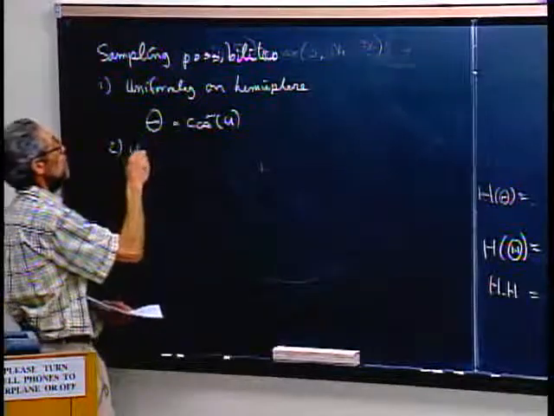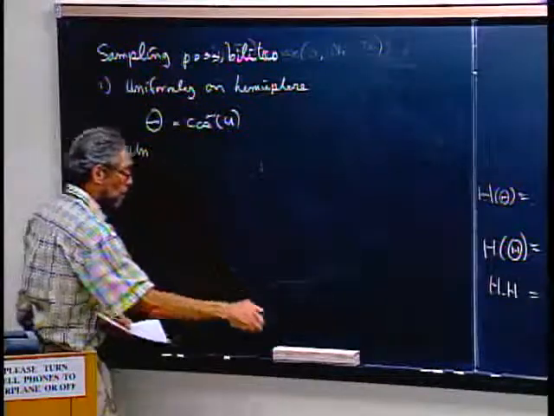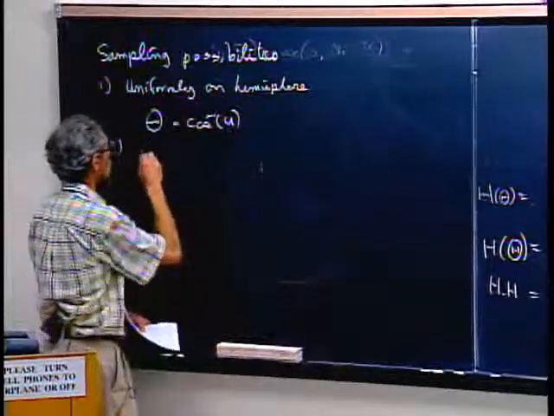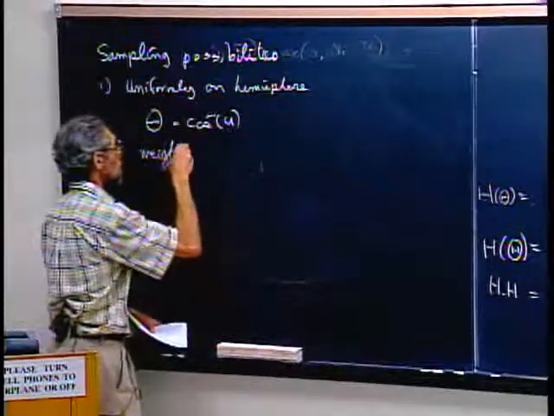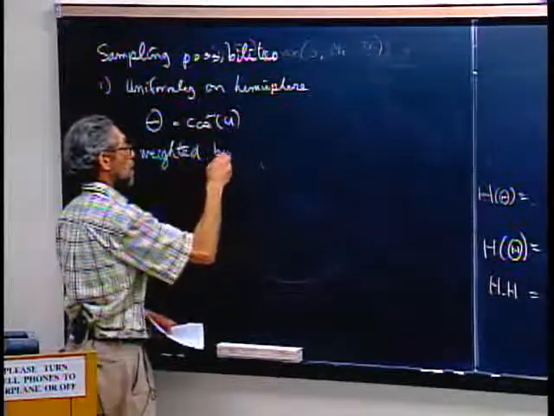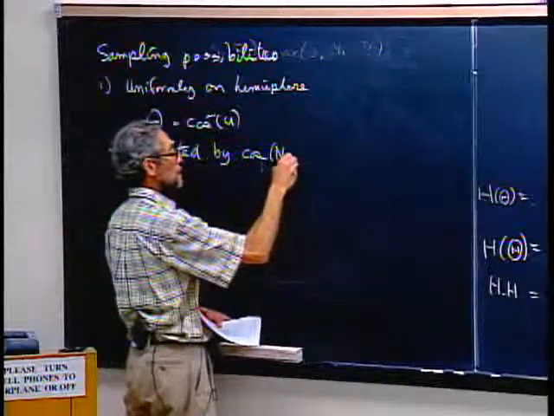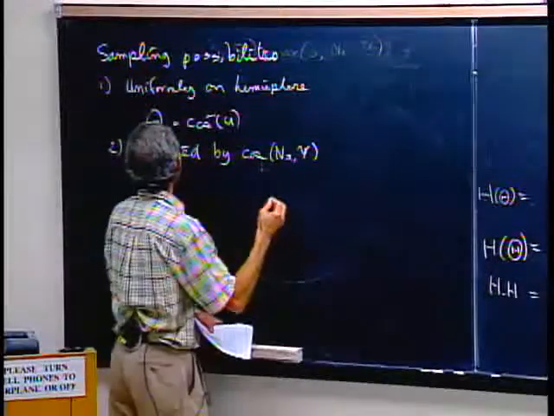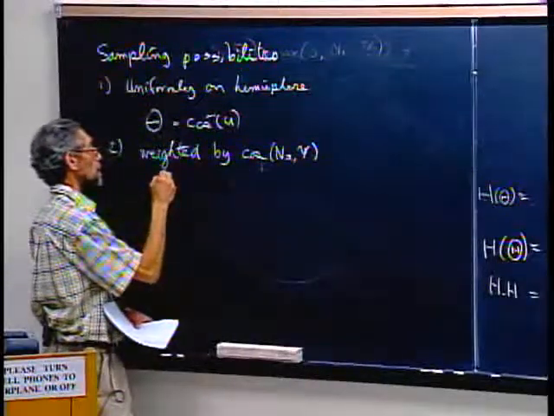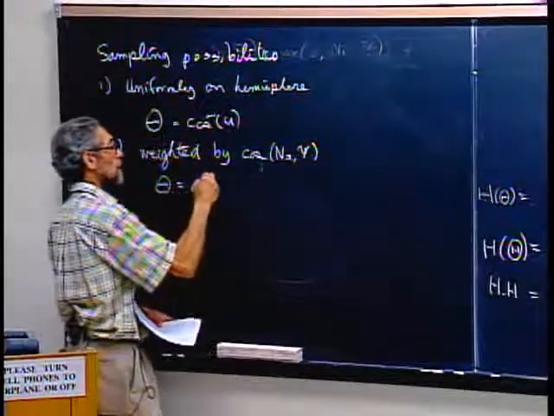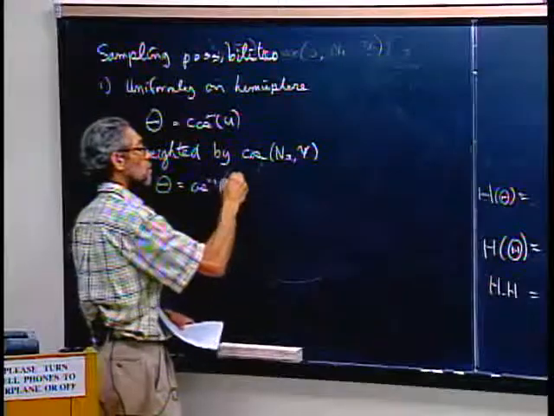And 2 is uniformly, let's say cosine weighted. Cosine of nx psi, and as we saw last time or the time before, theta is going to be cosine inverse of the square root of u.